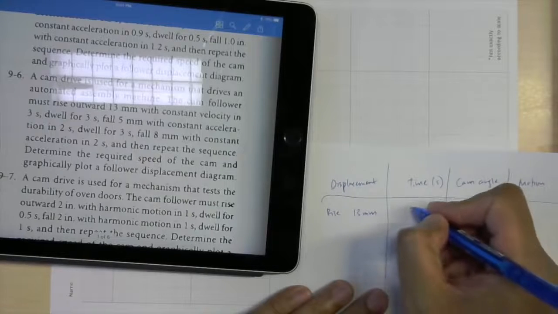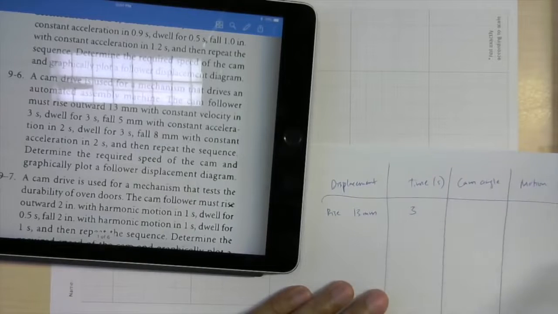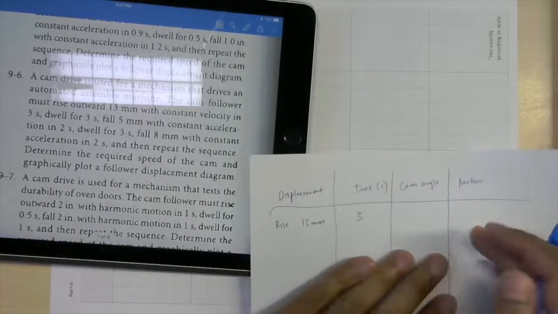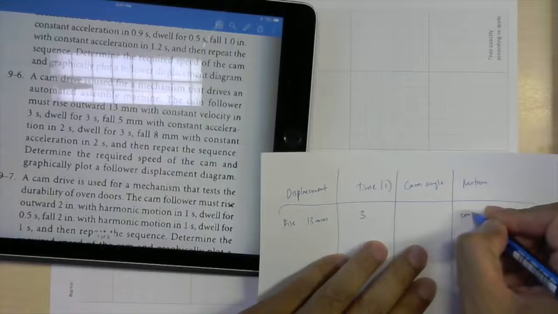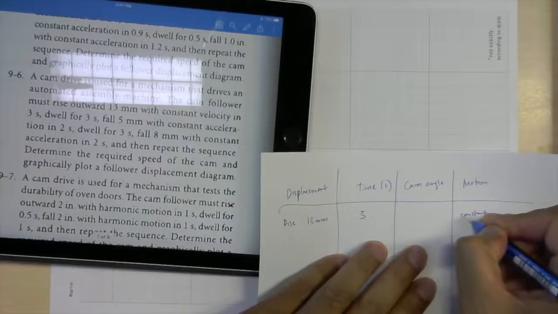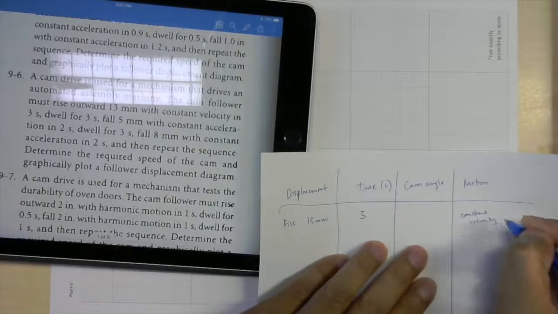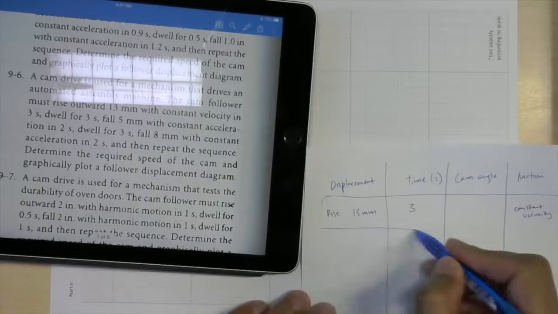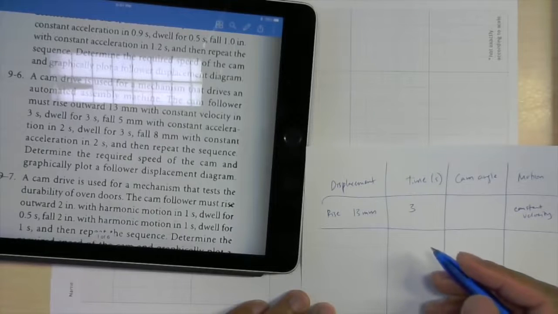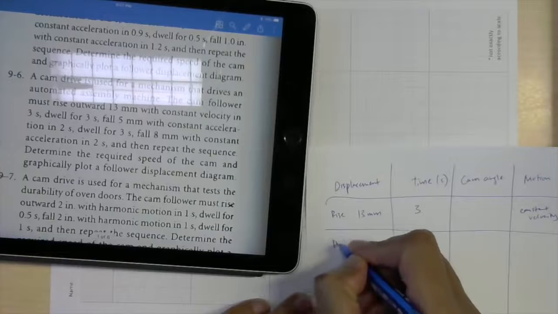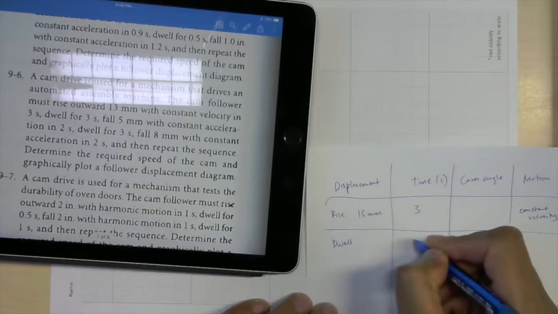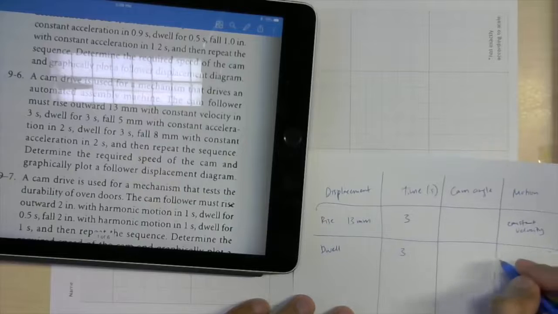The time is 3 seconds. We have yet to calculate the cam angle, and the motion is constant velocity. Right. Then we have dwell for 3 seconds.